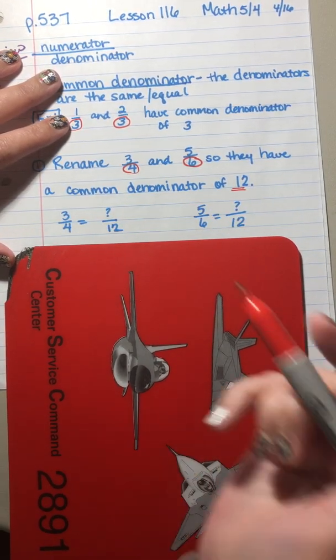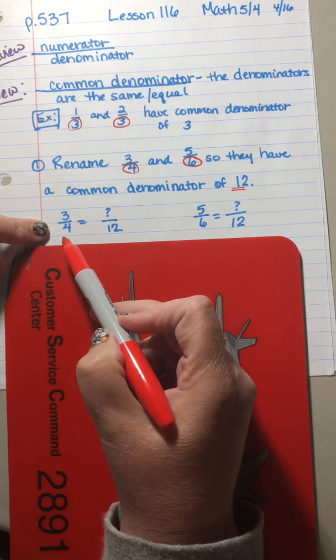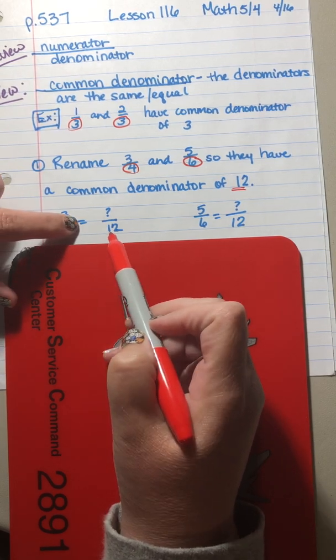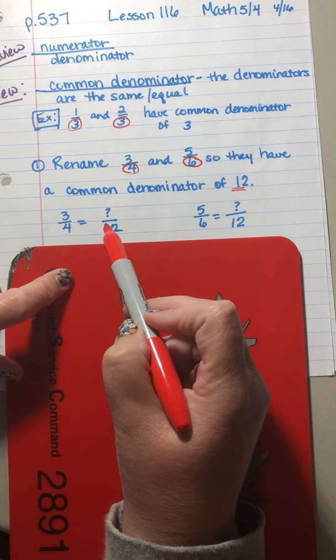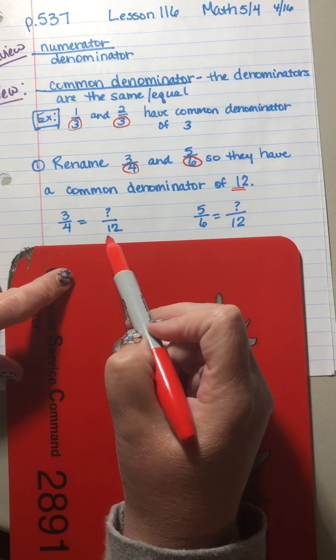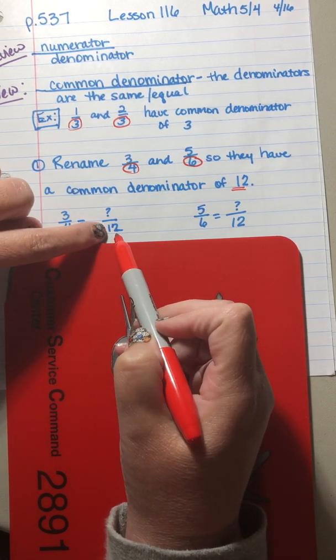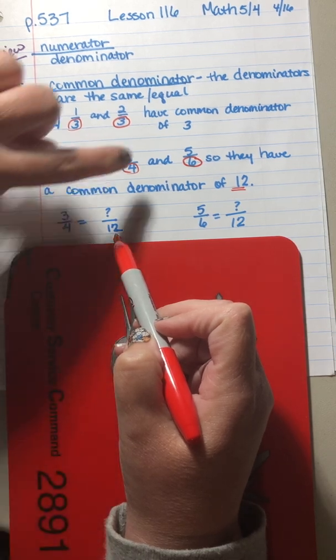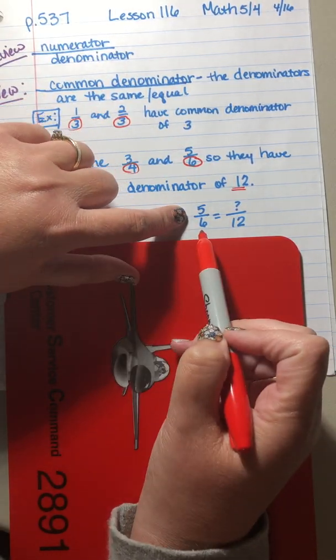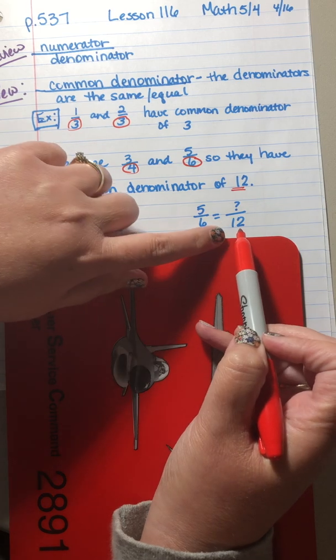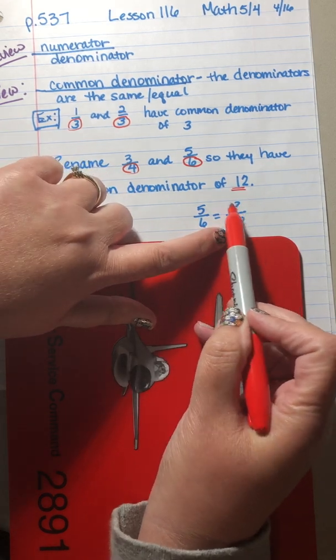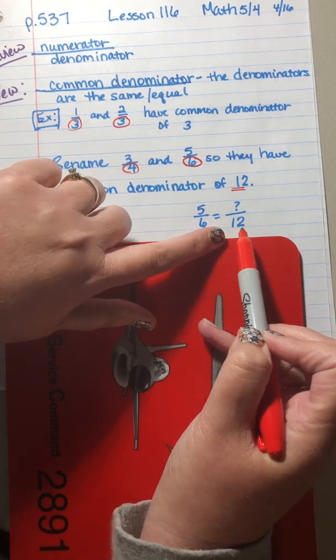So we write our fraction 3/4, and we know that we're going to somehow get that to be some number over 12. That is the common denominator we're looking for. In our other fraction, 5/6, we're going to do the same thing and set it up to have some numerator and a common denominator of 12.